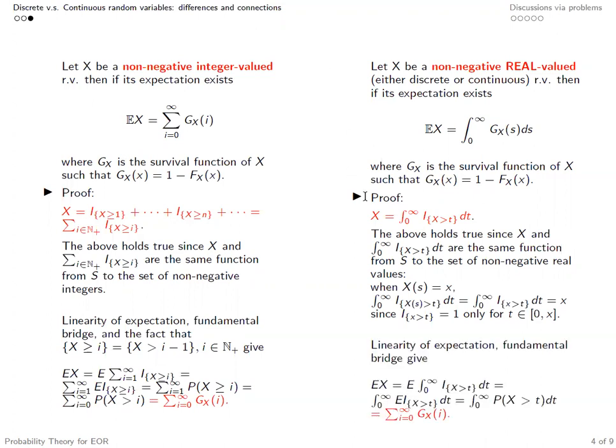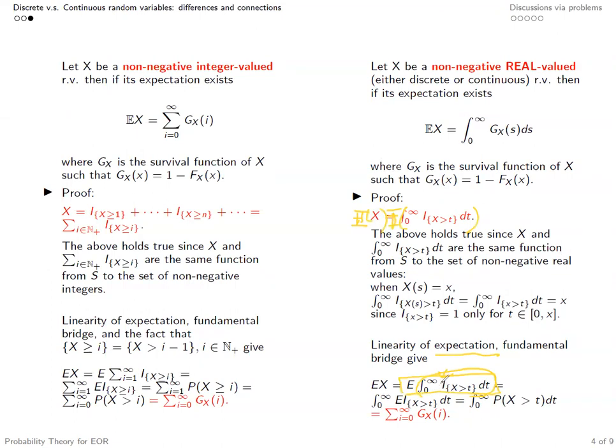If we take expectations on both sides of this identity on the right-hand side panel of this slide, by the linearity of the expectation, note that this Riemann integral, if we recall the definition, is basically a limit of summations.